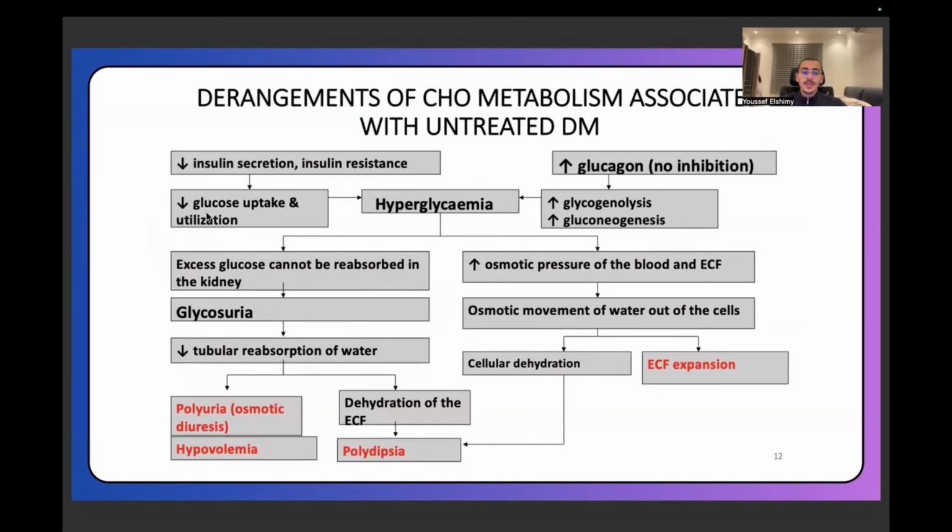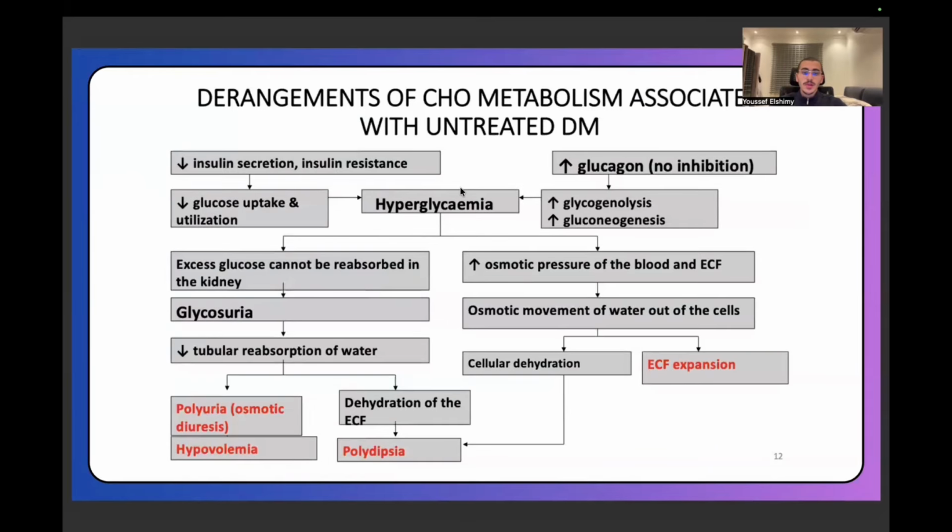So if you're not taking in glucose, the blood glucose would rise, so there would be hyperglycemia. Also, there would be an unopposed glucagon effect. The body keeps raising blood glucose levels more and more. So there would be glycogenolysis and gluconeogenesis, and this would also increase the blood glucose levels.